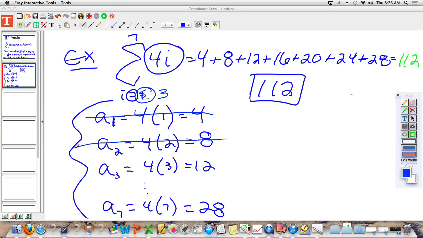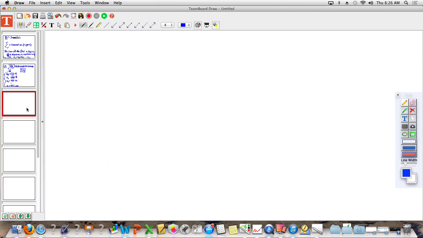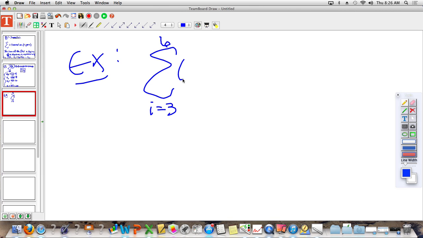All right, let's do the next example that I have. This one is asking you to start at a different term. So we're not starting at the first term, we're starting at the third term this time. So find the value of this sequence, starting with the third term, ending with the 6th term, and we are going to use the rule 4 plus i squared.